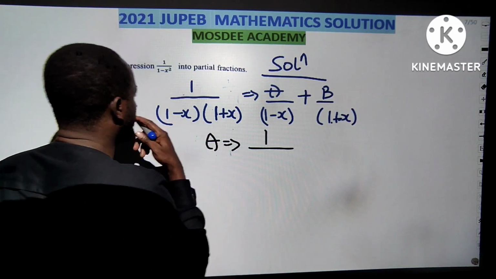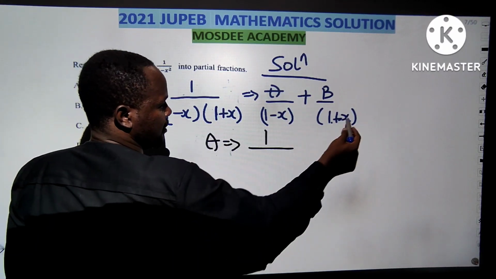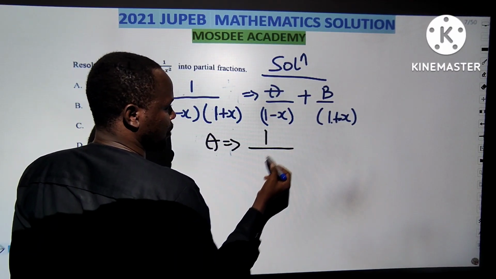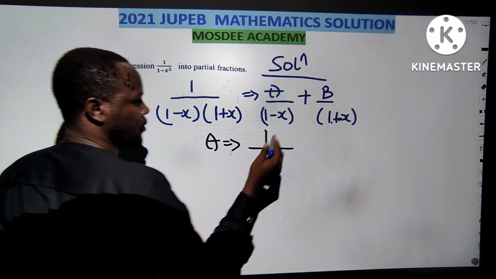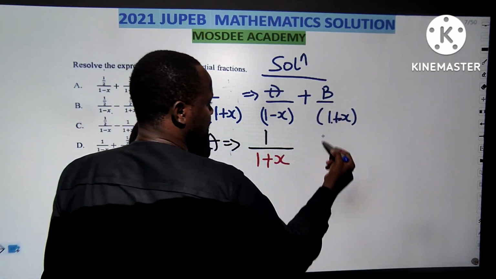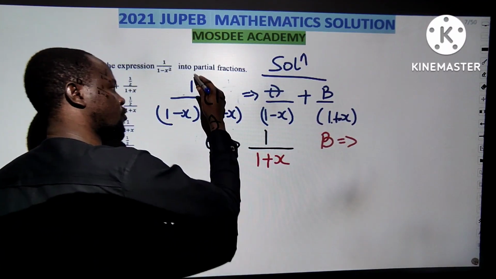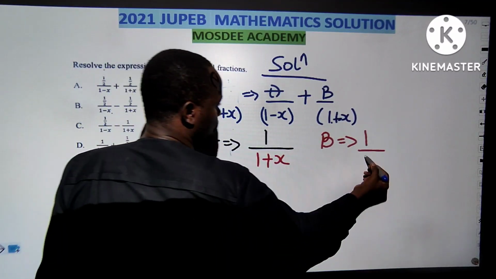So I have 1 over, a is picked here, 1 is from here, over 1 minus 1 plus x. Whereby when you pick b, it will be the expression for those who are just joining, over the other one, 1 minus x.